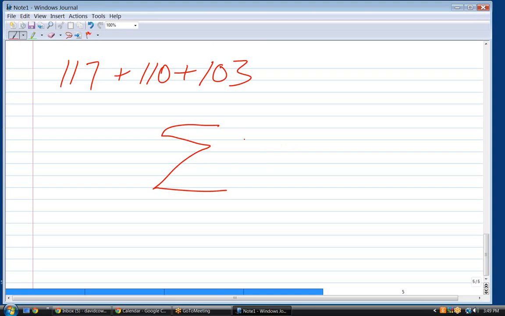Something minus 7. So doesn't that work? Yeah, I think so. No, because the next n is 125. 125 minus 7 is not 110.